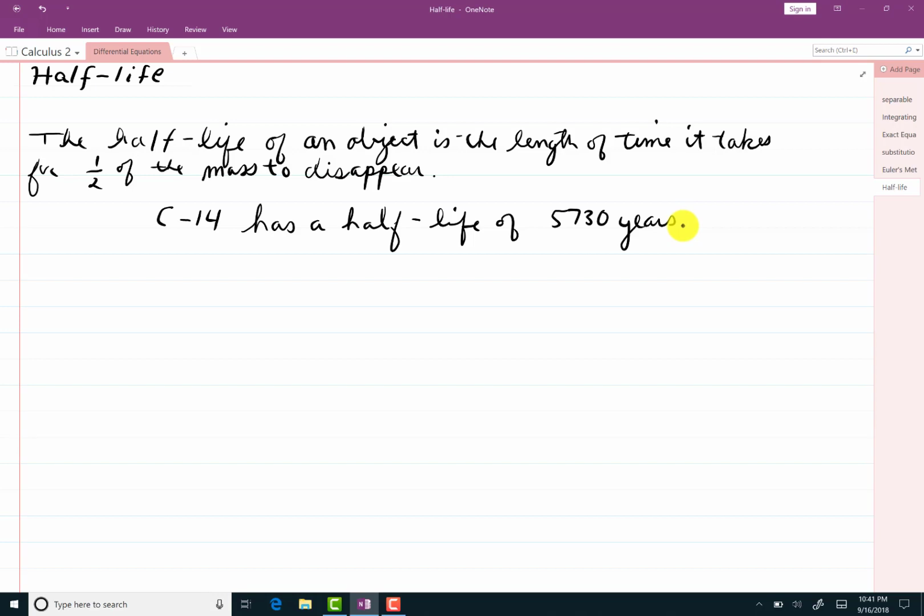All right, so let's see, an object contains A grams of C-14 initially.